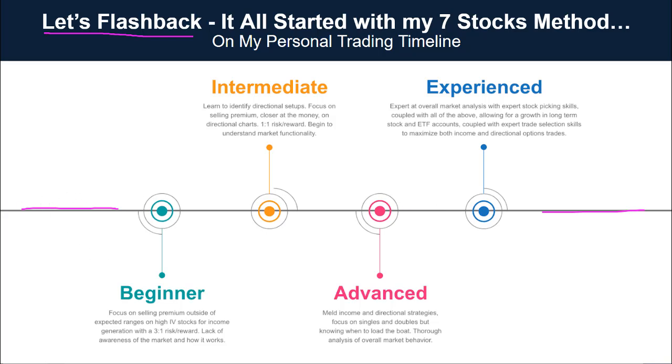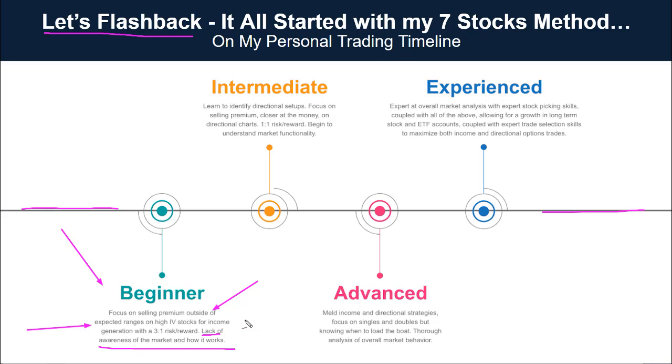But for me, as a beginner, my prime focus was on selling premium outside of the expected ranges on high IV stocks for income for a 3-to-1 risk reward generation. Why did I do that? Well, I primarily did it because I had a lack of awareness of the market and how it works. I wasn't able to come in, identify a squeeze, identify entries and exits.